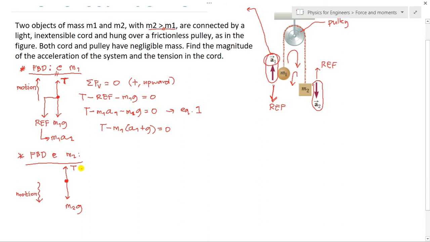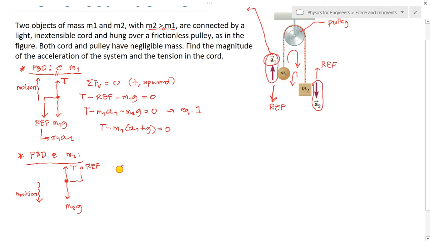Okay, what else, class? Since we are accelerating, we again have what we call the reverse effective force. What is the direction of our reverse effective force? Okay, upward. So this is your reverse effective force for mass 2.